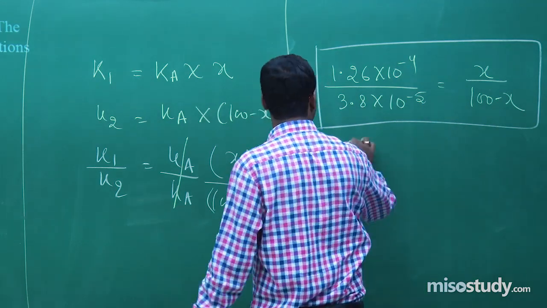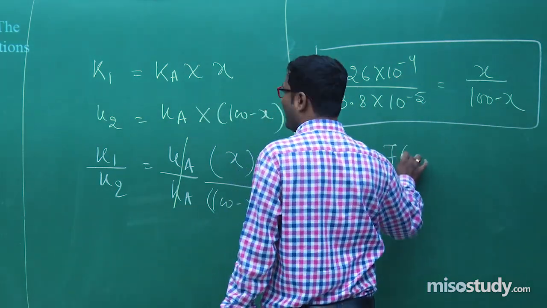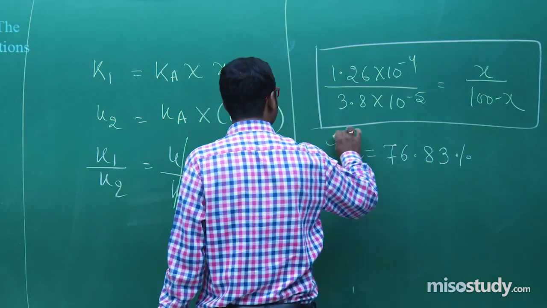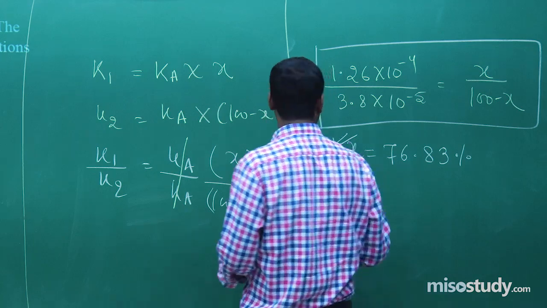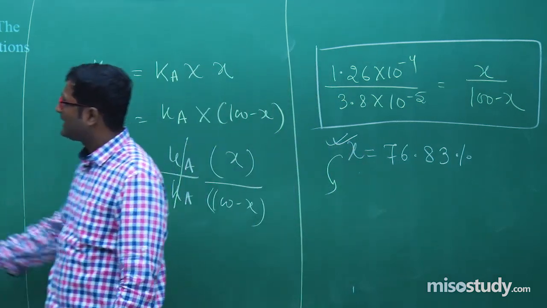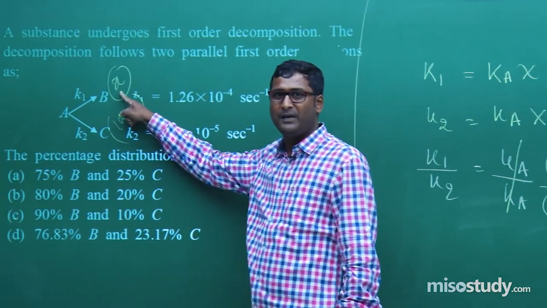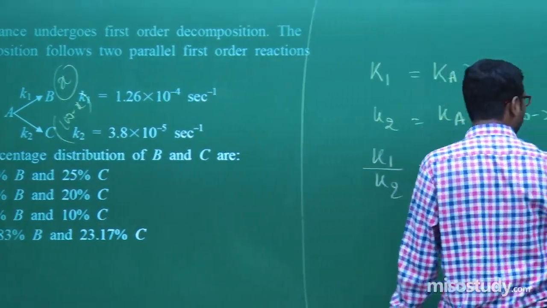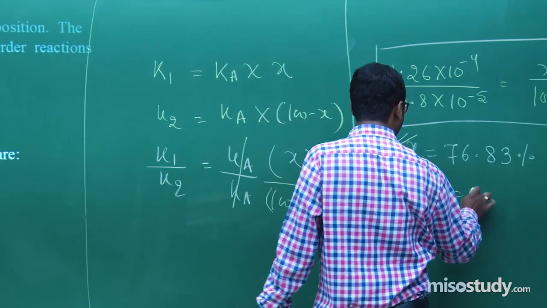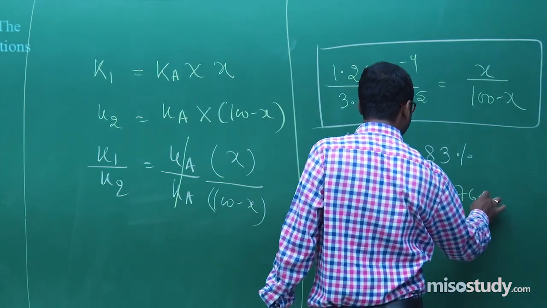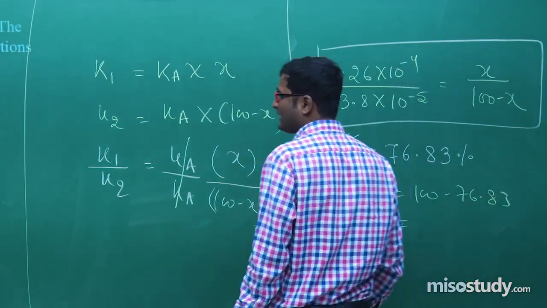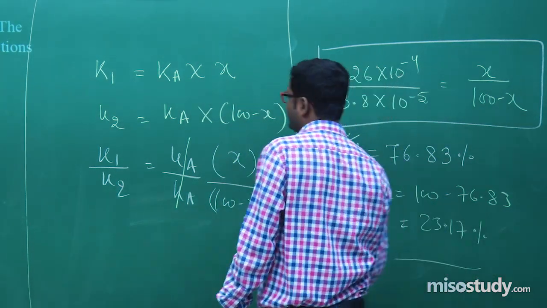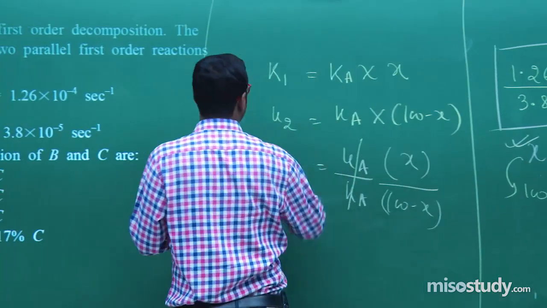The value of x is around 76.83, and that is the percentage distribution of B, because we have taken the percentage of B as x and the percentage of C as 100 minus x. So 100 minus x will be 100 minus 76.83, which is 23.17.